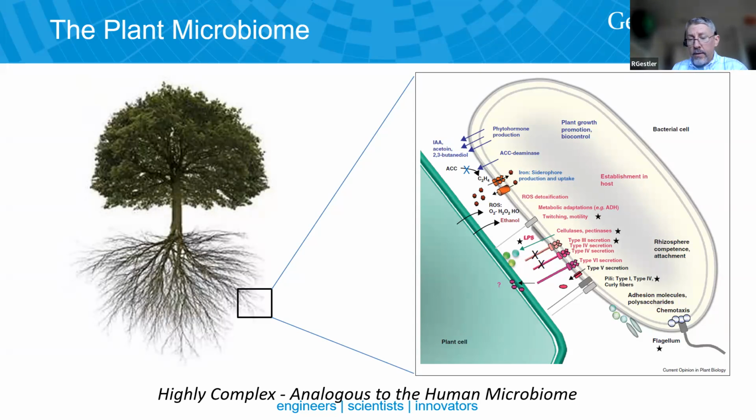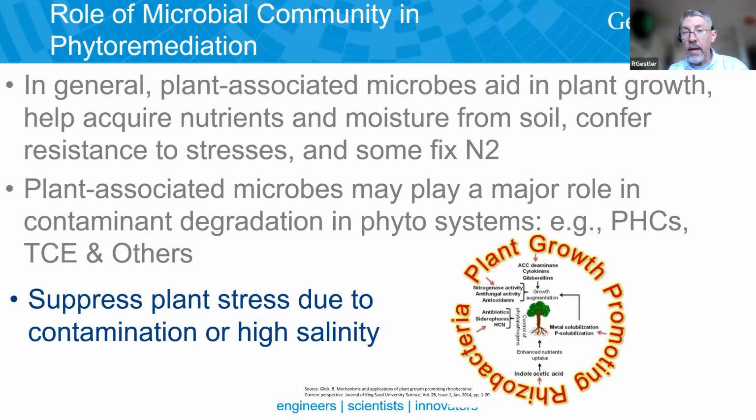So it's a very highly complicated, complex community with really an elegant symbiotic relationship where the plant gives something to the microbes, the microbes give something back to the plant, and they both benefit. And we often bring that to bear then on our phytoremediation sites. And this has really been an area of intense focus in the last 20 years.